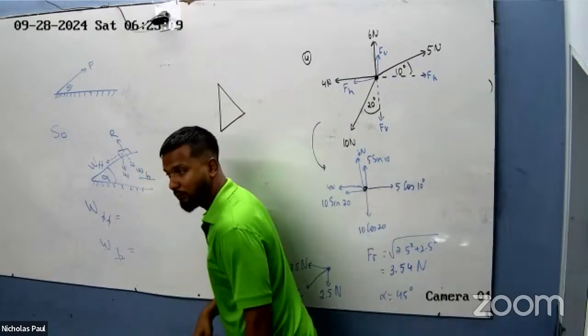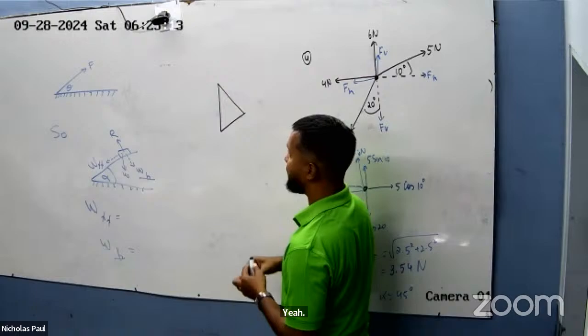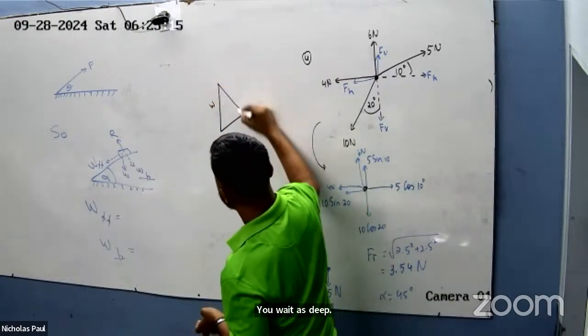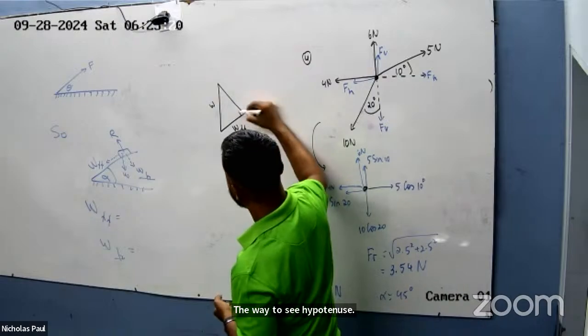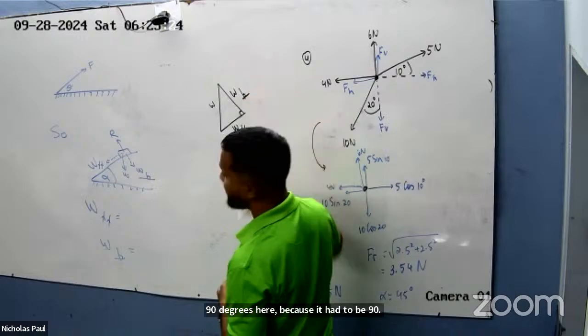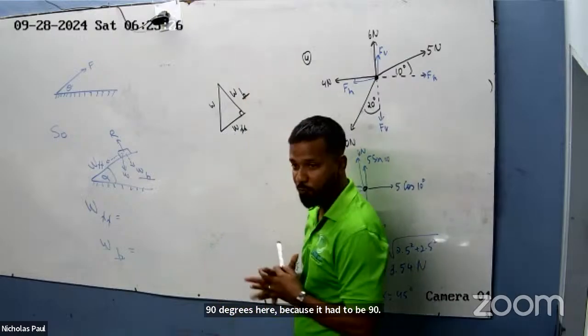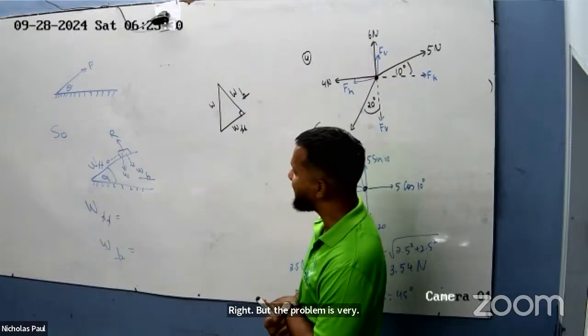The weight is the hypotenuse. Then you have your parallel component here, and 90 degrees here because it has to be 90 to the perpendicular force. Correct? But the problem is where the angle is going. Where is alpha?